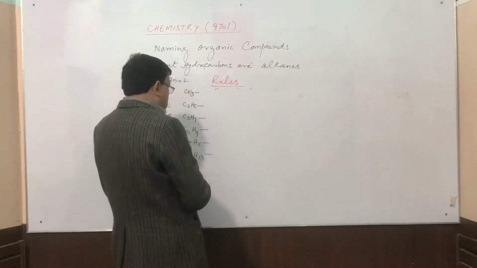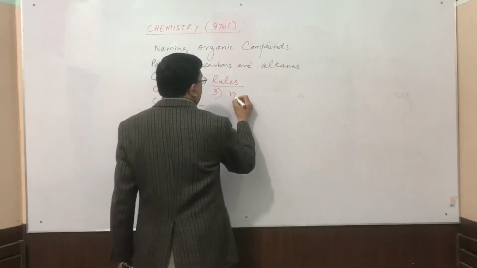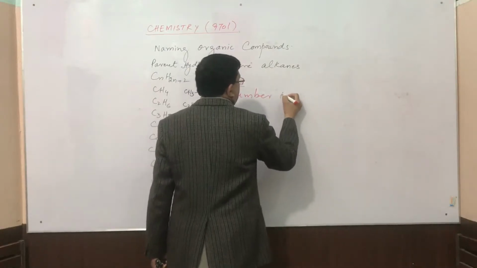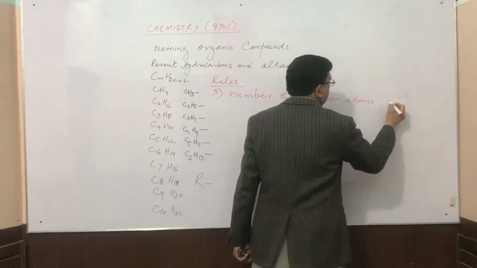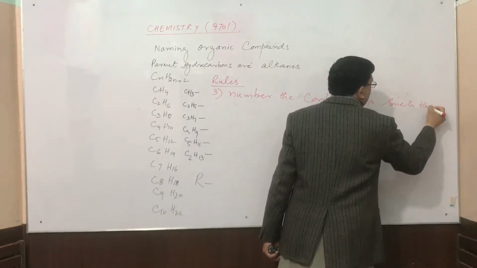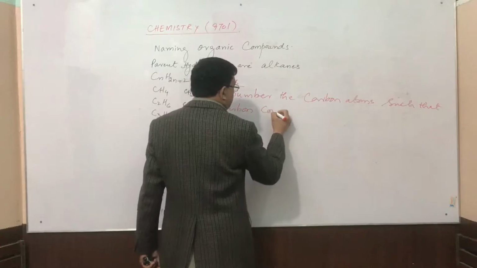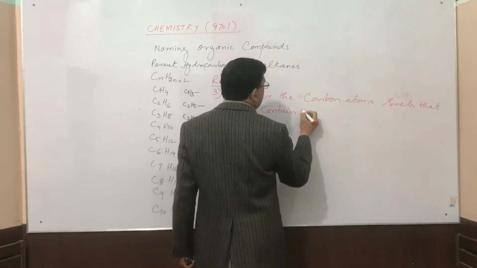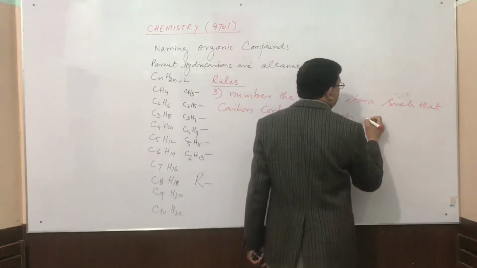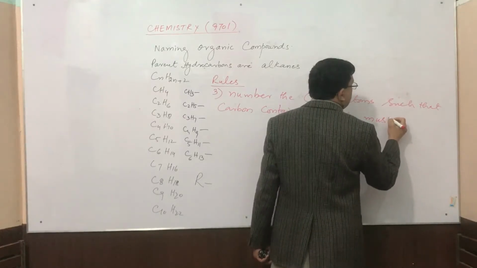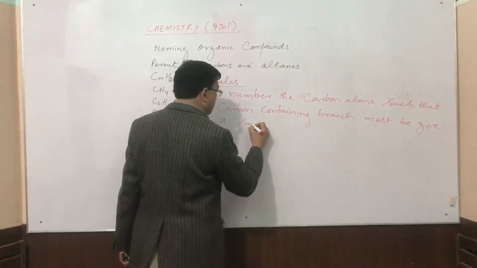What is the third rule? In the third rule, we have to number the carbon atoms such that the carbon containing a branch must be given a small number.